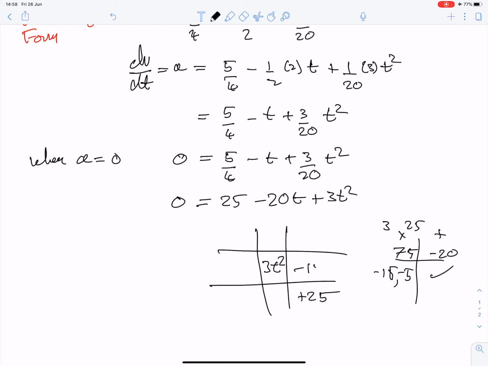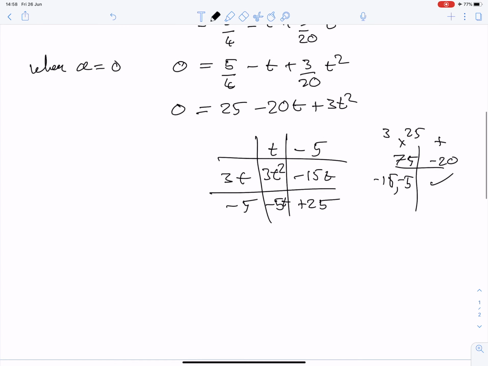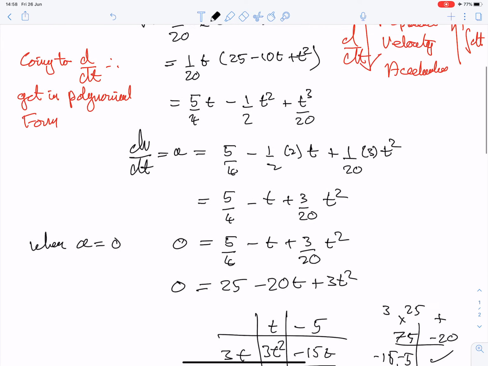So minus 15t minus 5t, factorised: 3t, t minus 5, minus 5. So 0 is equal to (t minus 5)(3t minus 5). So t equals 5 or t equals 5 over 3.